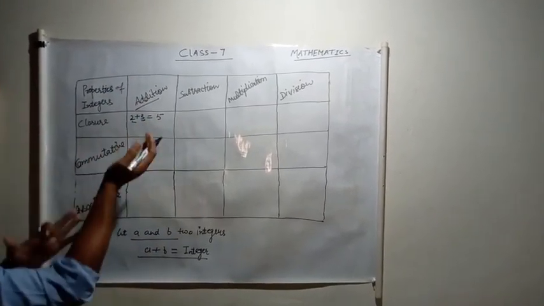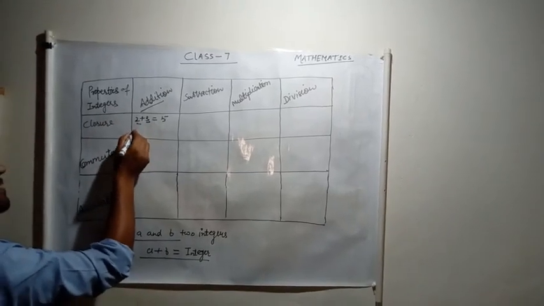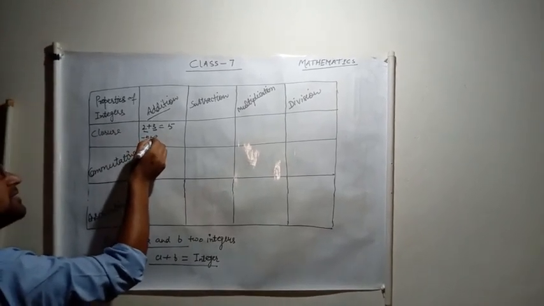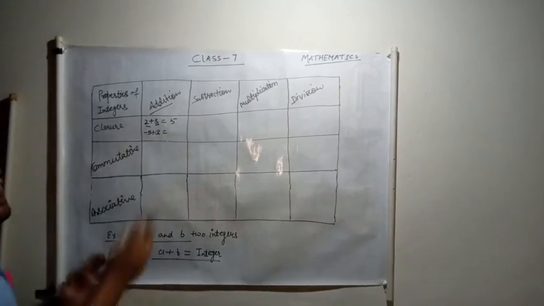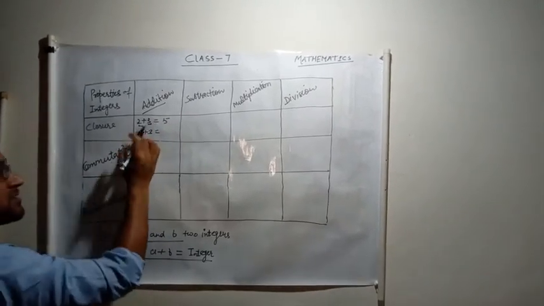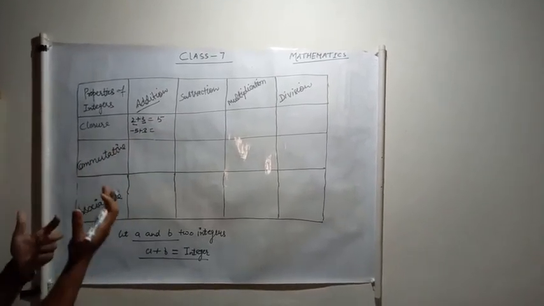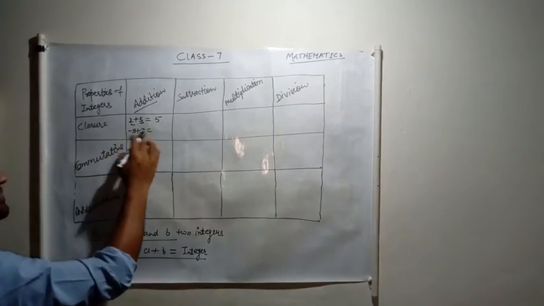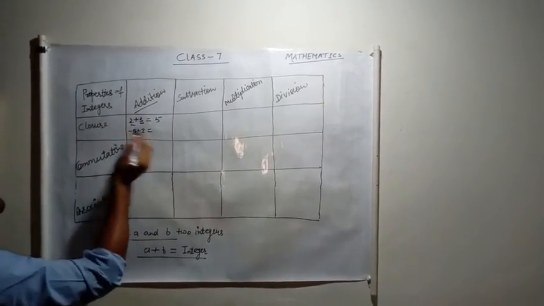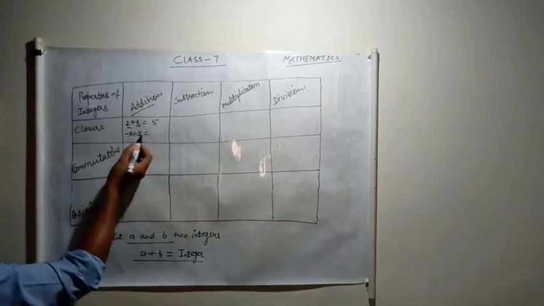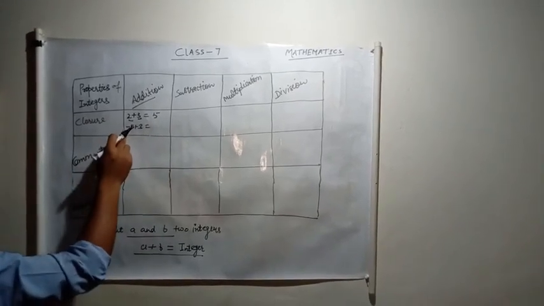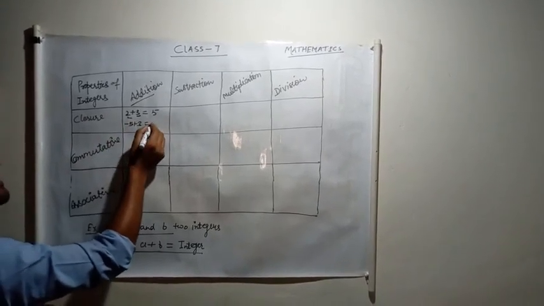And one more example: if I take minus 5 and plus 3, what will you get, students? You know how to add two integers with different signs. First we subtract and put the sign of the one which has the greater value. So 5 minus 3 you get 2, and 5 is greater here, so its sign is minus: minus 2.